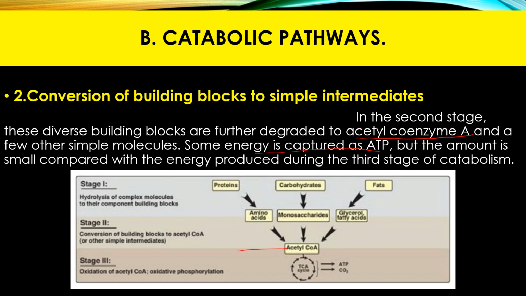So after conversion, the acetyl coenzyme A will enter into the TCA cycle, so we can obtain the maximum amount of energy from that particular molecule. But the amount is small compared with the energy produced during the third stage of catabolism.